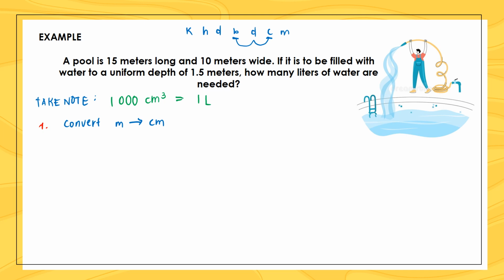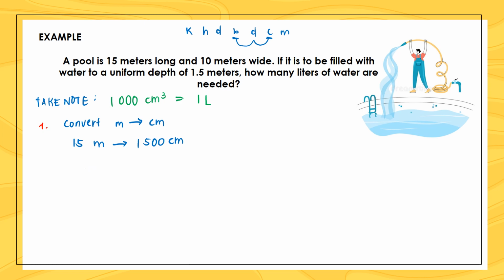So let's convert every dimension in here. So we have 15 meters. Here's your decimal point, and then move this twice to the right. 1, 2. Fill up this with 0. You will have 1,500 centimeters.